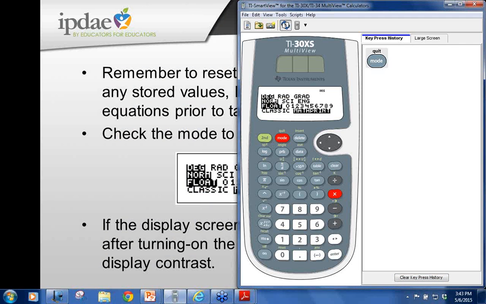So DEG means degree, Rad means radians, and grad is gradients. And we're not going to use these two areas right here, because the GED test will not have radians. We won't ask you to convert between the different measurements of the angles.